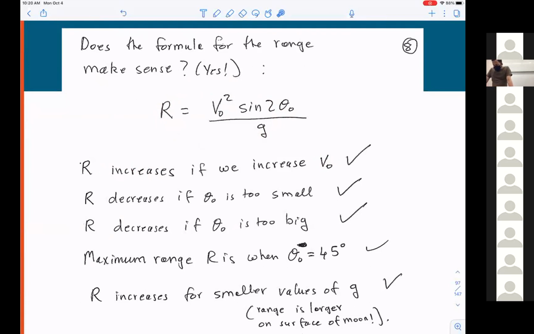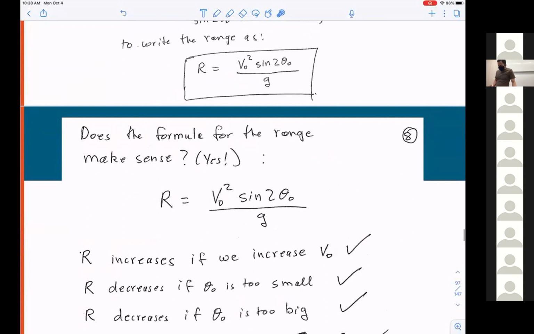But here's the tricky and non-trivial part: if theta naught is very small, then you get something like sine of 0 almost, and the range is very small, because the sine of a small angle is a small number.